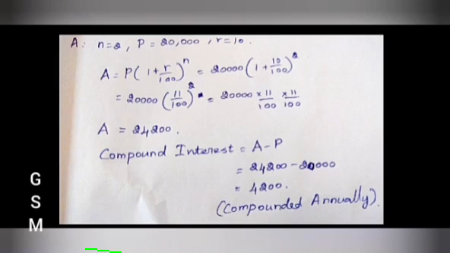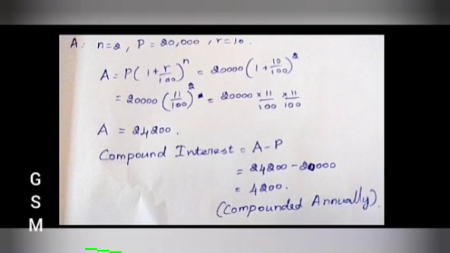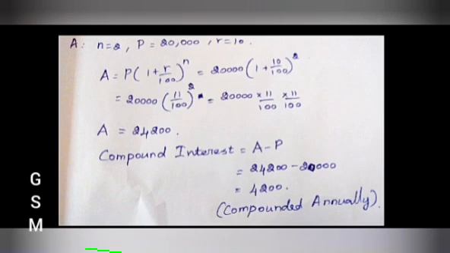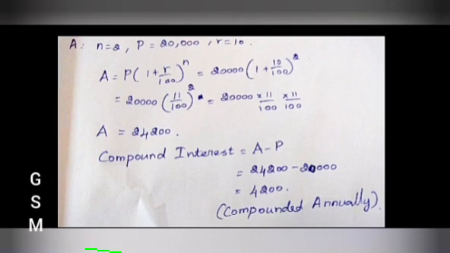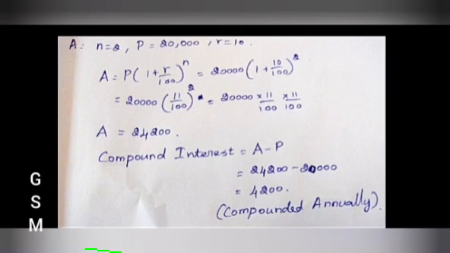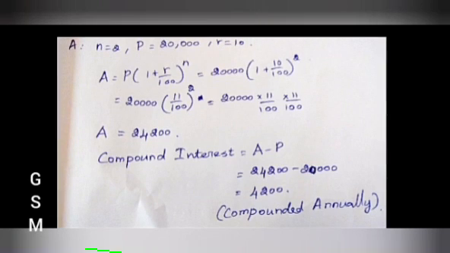So A is equal to P into 1 plus R divided by 100, the whole power n. After the simplification, we get the total amount as 24,200. Then the compound interest is amount minus principal, which is equal to 4,200.